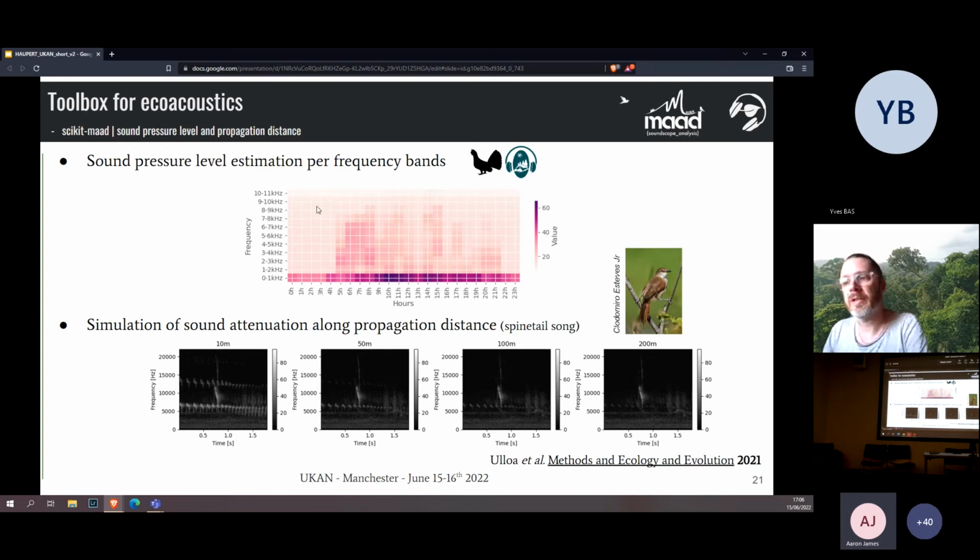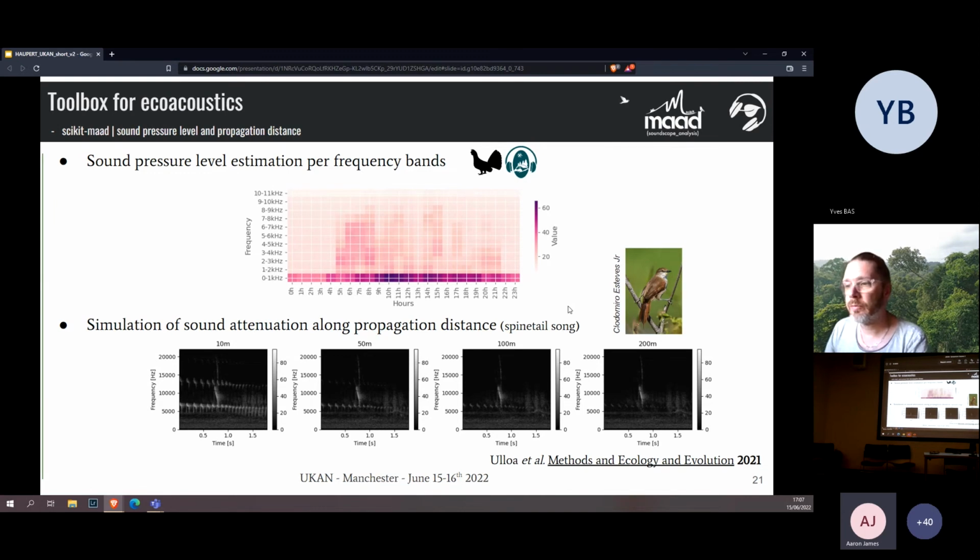This was computed in June in Jura, and we can see that most of the energy is concentrated in the lowest frequency band when anthropophony occurs. This is mainly due to the airplanes, but not only. And we can also observe the dawn chorus in the morning, where we have more energy.